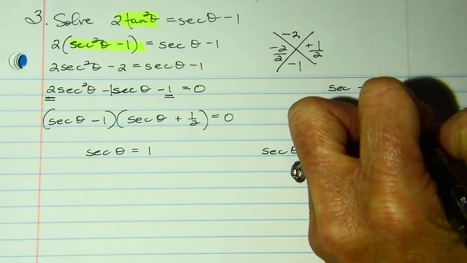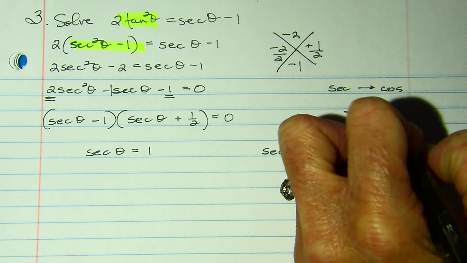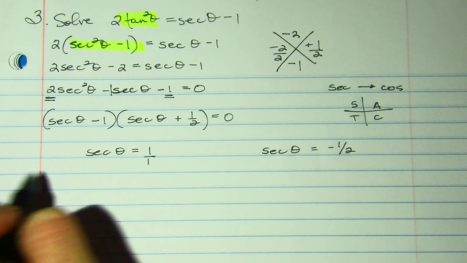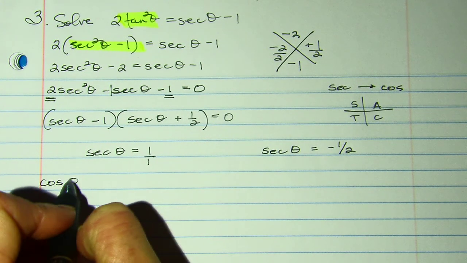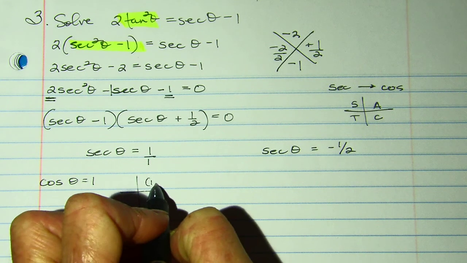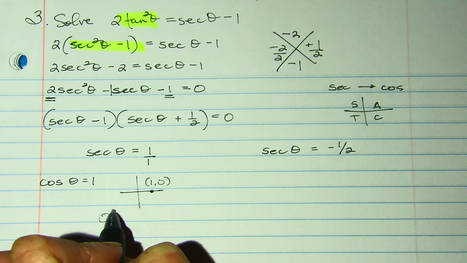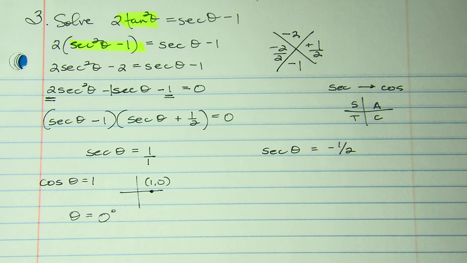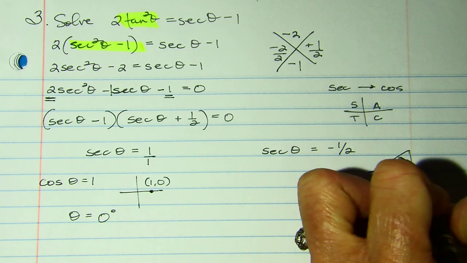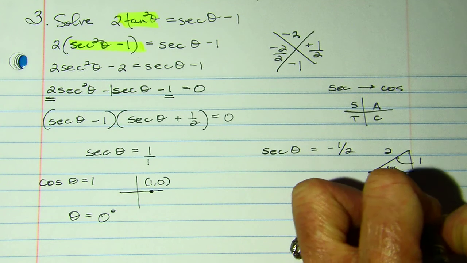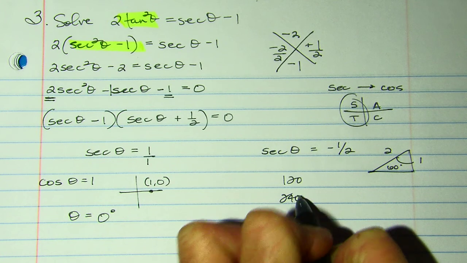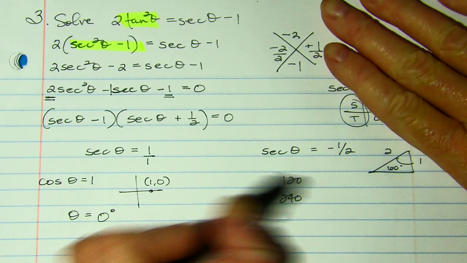Secant is the reciprocal of cosine. All students take calculus. So this is 1 over 1. So when does the cosine of theta equal 1? Well, that would be the x value here at 1, 0, so at 0 degrees. Okay. Over here, I've got, again, 60 degrees, but it's negative in these two quadrants, so 120 and, oh, whoops, sorry.